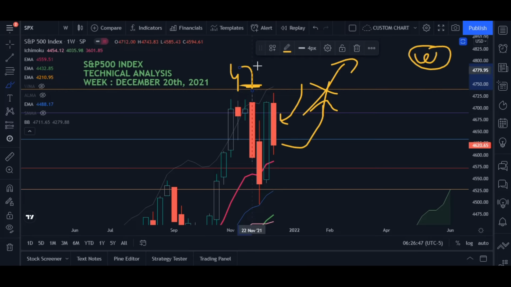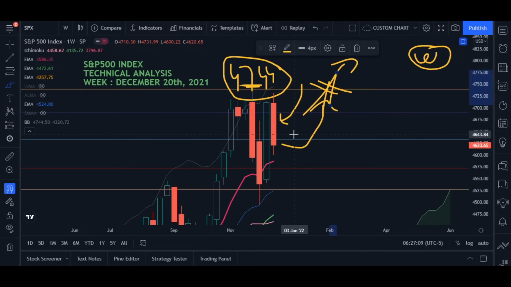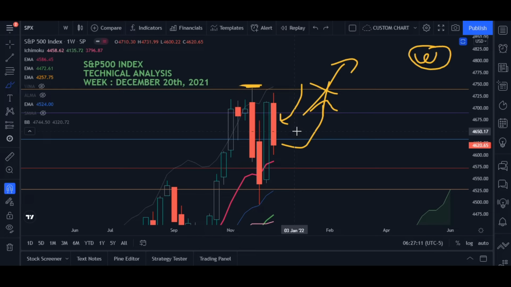Until the market closes above 4744, it is not bullish and not going anywhere. We will discuss it in more detail on the daily chart. Let us first cover the weekly chart and then move to the daily chart. So now let's do the technical analysis here.